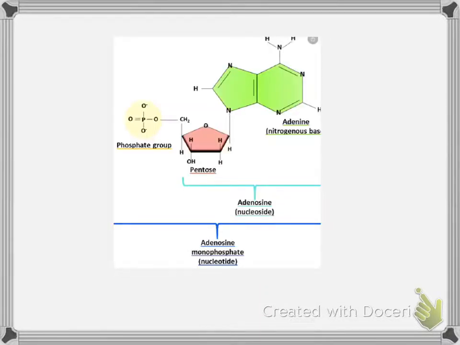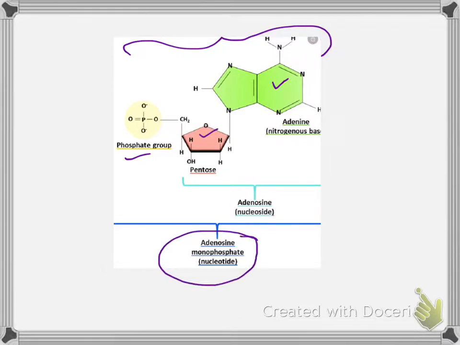For example, consider this structure. Here you can see a pentose sugar, a nitrogenous base adenine and a phosphate group. All these three together are known as adenosine monophosphate nucleotide.